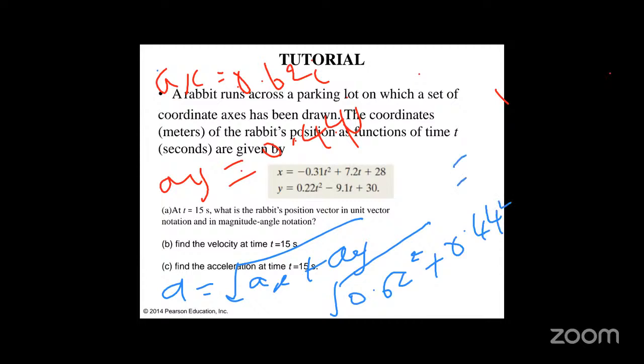So that will give us 0.76 meter per second squared. That is the magnitude of a.